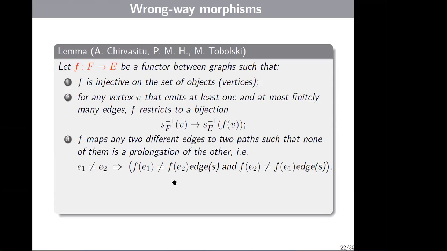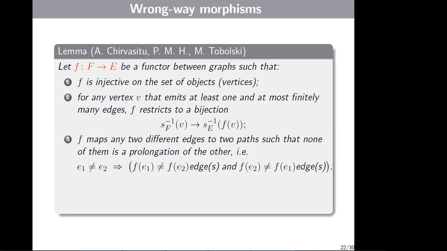And it must not be the case that the path f of e1 is just the path f of e2 plus some more edges. So f of e1 is not a prolongation of the path f of e2, and vice versa. F of e2 is not a prolongation of the path f of e1.